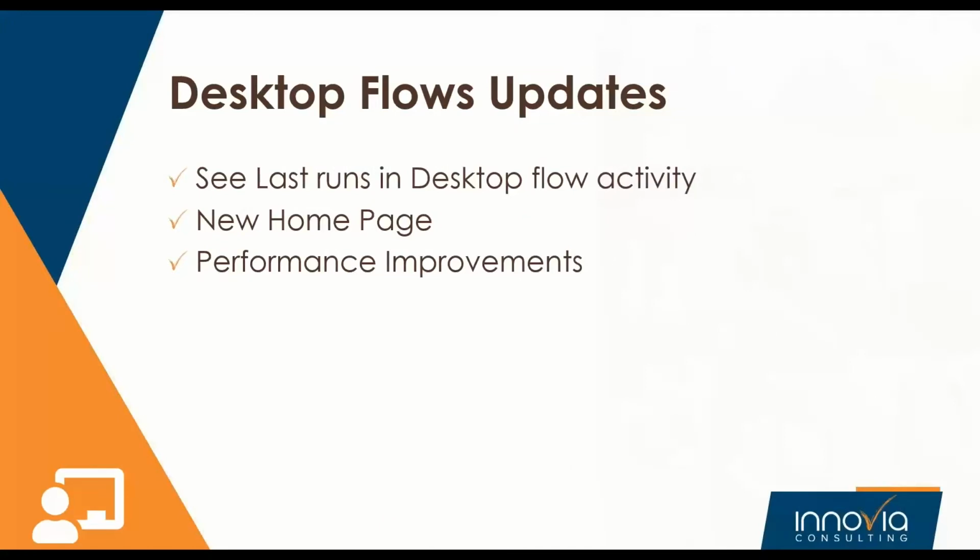There are actually a lot of new updates for Power Automate, but we just chose the ones that were most interesting to us. For desktop flows, the three most interesting are the last runs in desktop flow activity, being able to actually see what those last runs were, and also you can monitor and understand the health of that desktop flow.